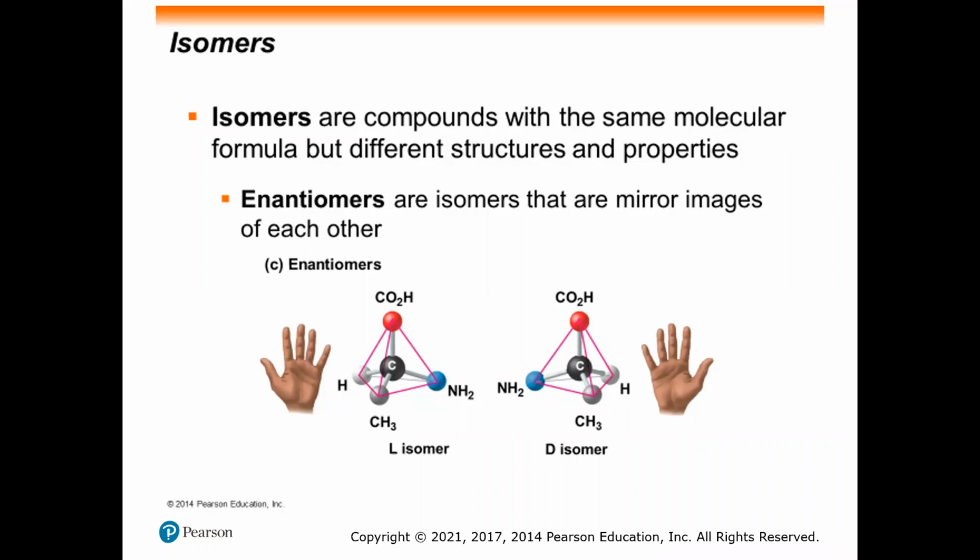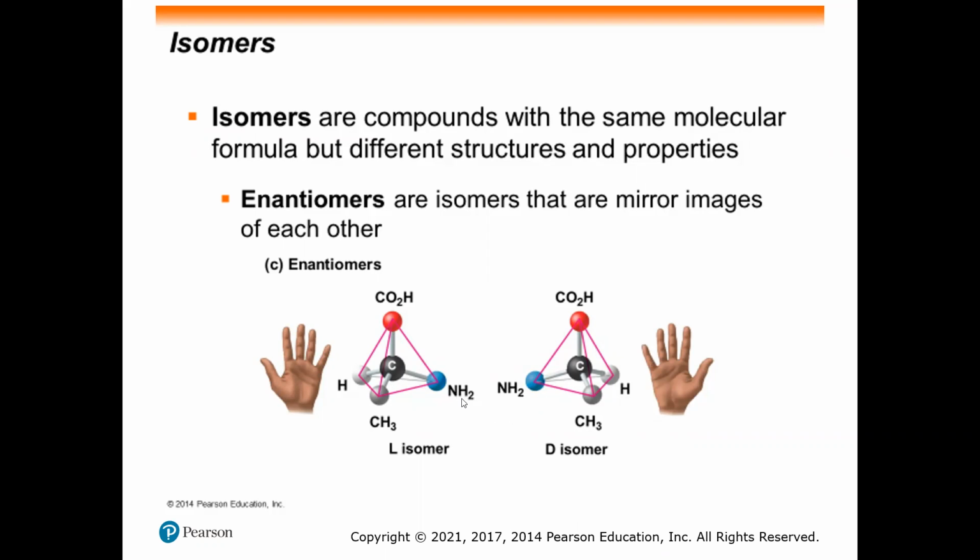The third type of isomers is enantiomers. Enantiomers are isomers that are mirror images of each other and that differ in shape due to the presence of an asymmetric carbon. Then the four groups can arrange in space around the asymmetric carbon in two different ways that are mirror images of each other.